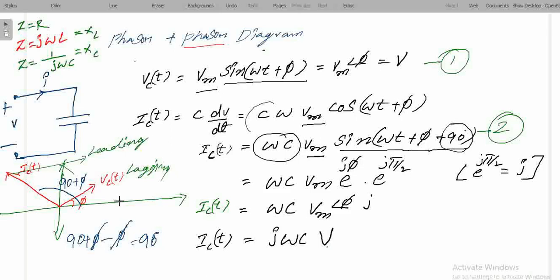So with this we can conclude, for inductor voltage leads the current. For capacitor current leads the voltage. Current is leading the voltage by 90 degrees.